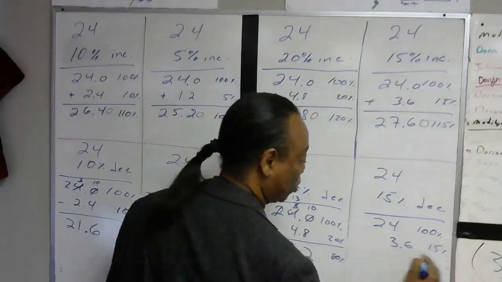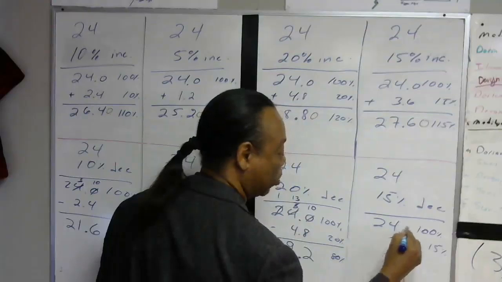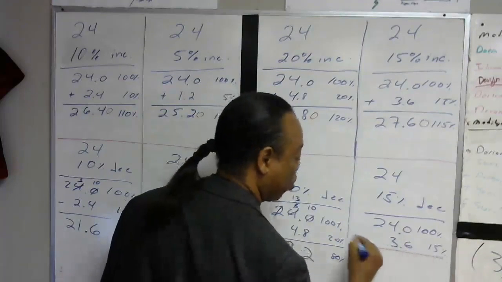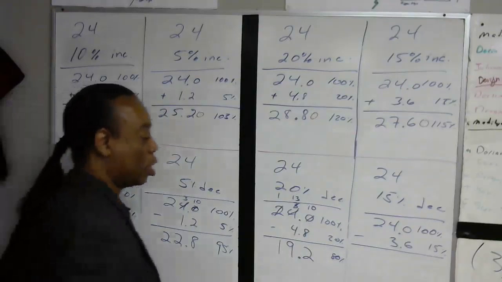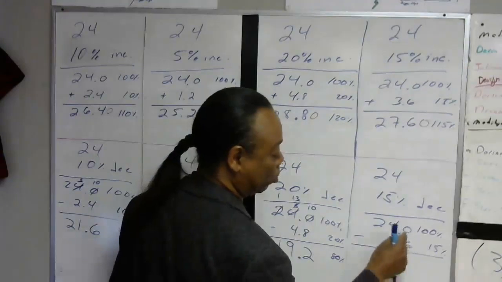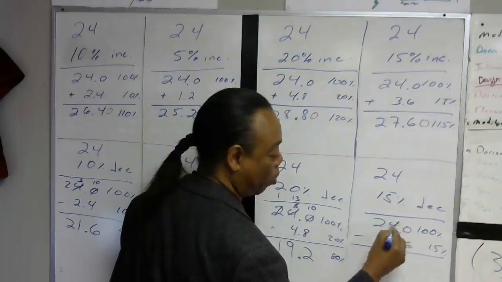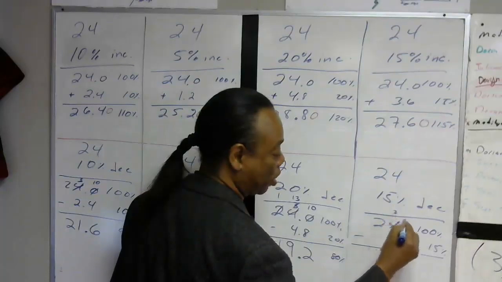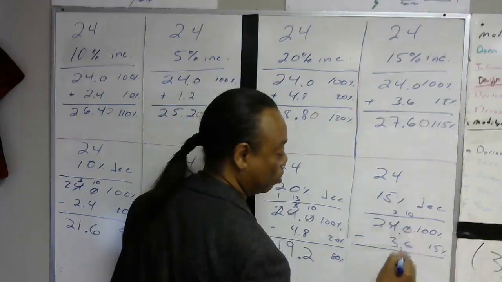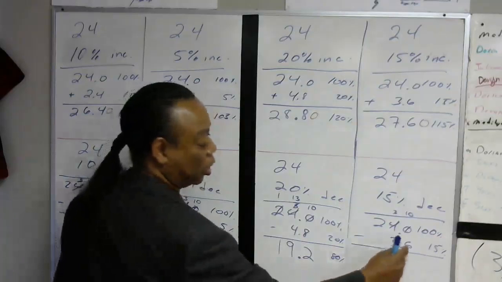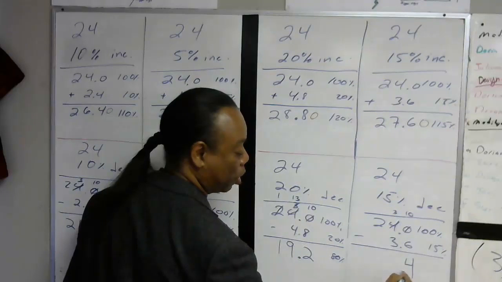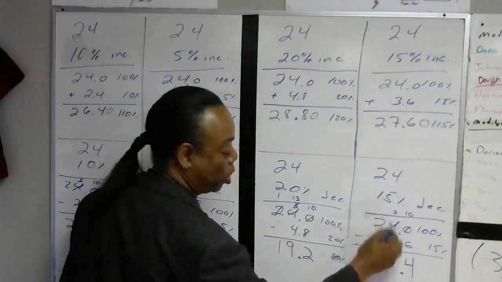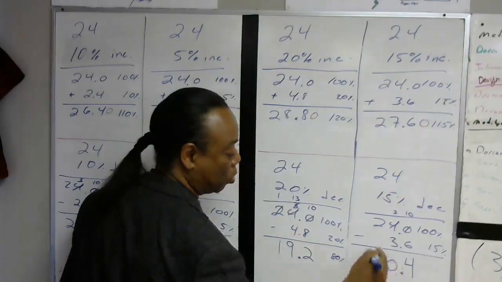That is 15%. We'll add a decimal and a 0 here, and we'll begin the process of subtraction. Okay. I cannot take 6 from 0, so I borrow from the 4. That makes it 3. This is now a 10. 6 from 10 leaves 4 in the decimal. 3 from 3 leaves 0 and the 2.